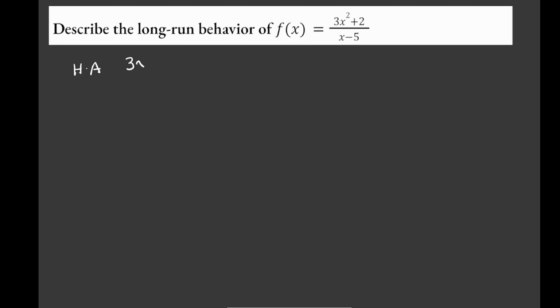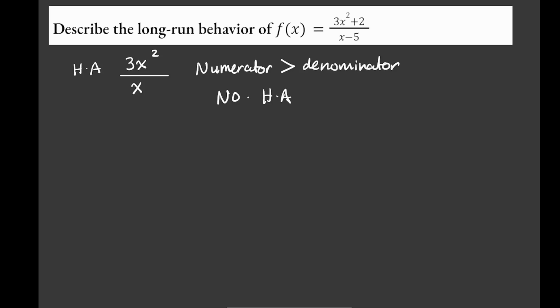So right here, the leading term of my numerator is 3x squared, and for my denominator is x. Now, since my numerator has a degree greater than my denominator, I know that I have no horizontal asymptote.